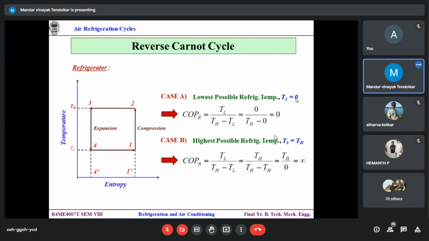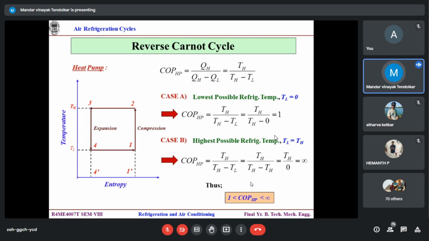Let's say 0.001, whatever it is, and over here some figure tending to infinity, not exactly infinity. 10,000, 1 lakh, 10 lakh, whatever it is. So these are the limits for the performance of a Carnot refrigerator, of course. COP of a refrigerator varies between 0 to infinity. Applying the same logic for the heat pump, it would be 1 to infinity, because 0 plus 1 is 1, but infinity plus 1 is infinity.